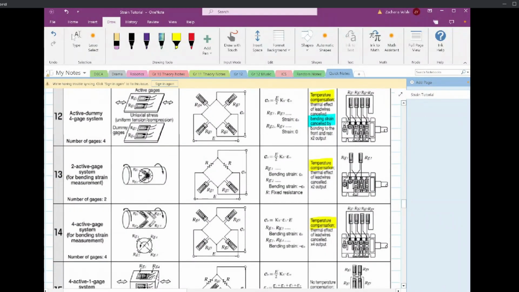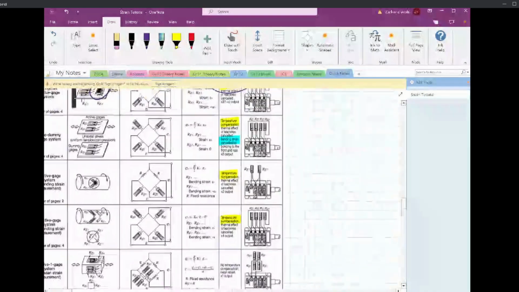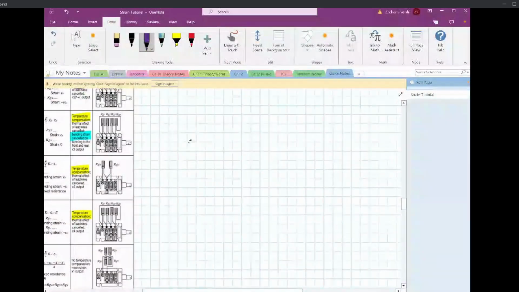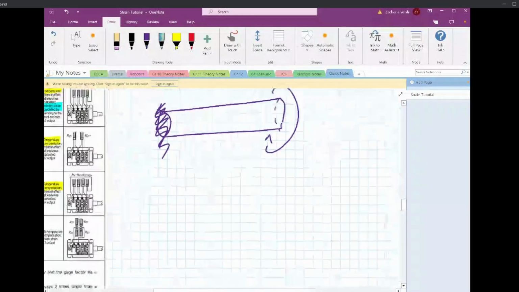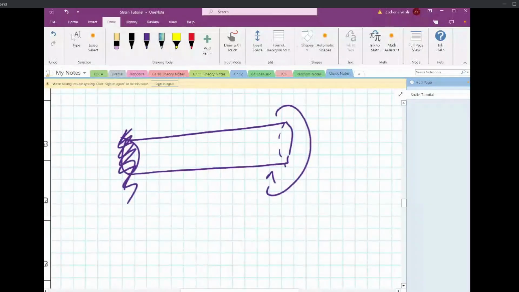Here's some of the torsional ones. These ones are pretty cool because under a torsional load, you have your member, if it's fixed on this side, you have your member undergoing a moment. You're twisting it. The principal direction that your strain gauges are going to be deforming in is going to be along the 45 degrees.